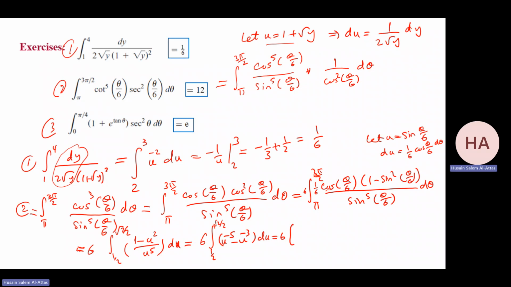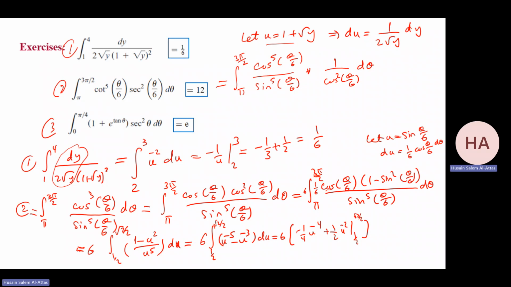So that will be 6. Now I add 1 and divide by minus 4: minus 1 over 4 u to the minus 4, plus, add 1, that's actually plus half u to the minus 2. This is from half to square root 2 over 2. Yeah, just some calculation now.